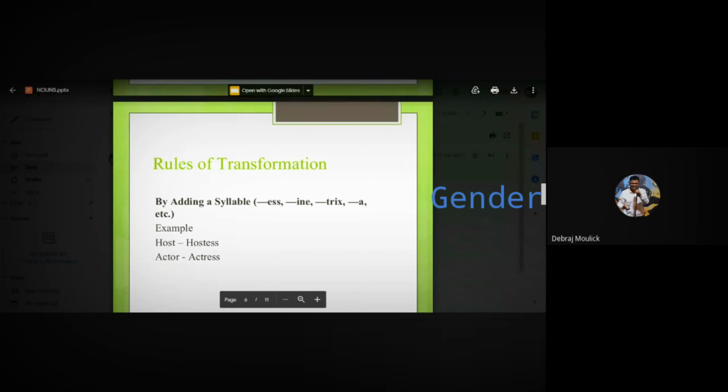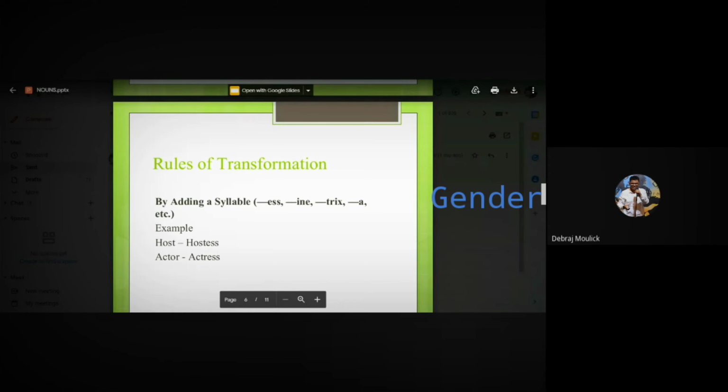Just now I told you, prince, princess; master, mistress; hero, heroine; executor, executrix; sultan, sultana. Now that's a royal feel. So with sultana, you are using a. Executrix, trix. With hero, you are adding the suffix ine.